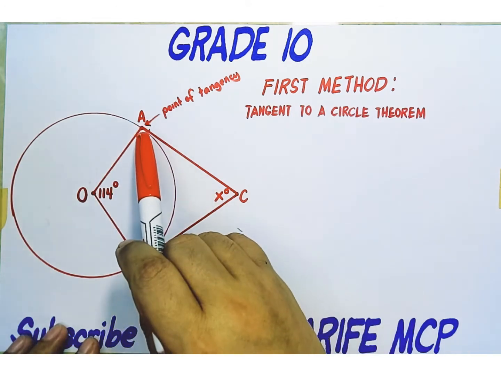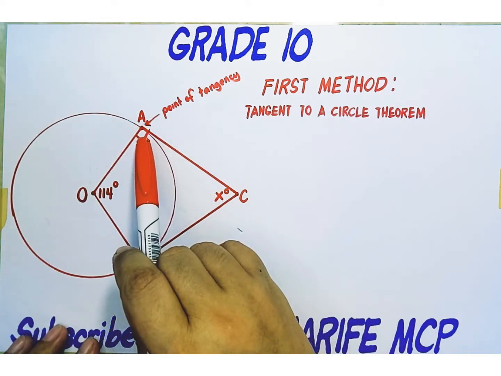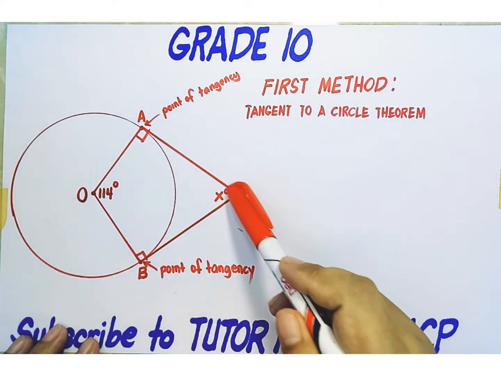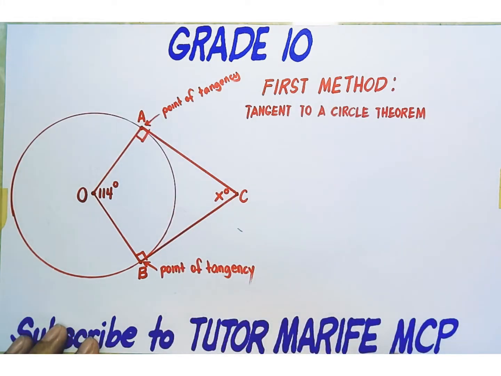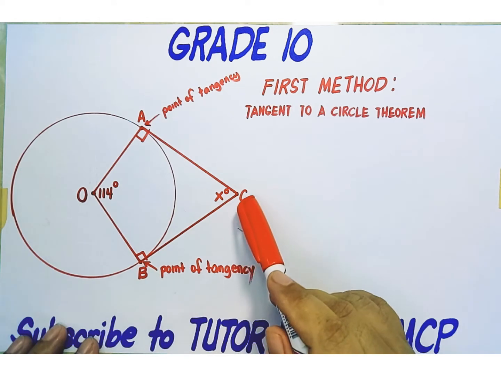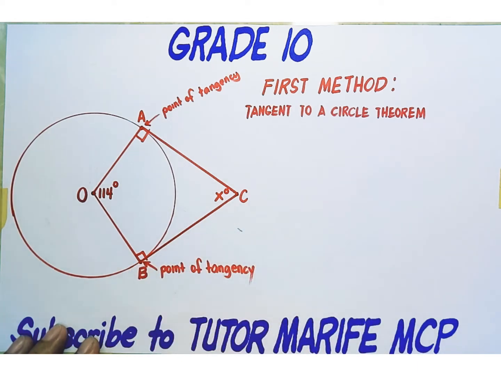Therefore, point A is the point of tangency of circle O and segment AC, while point B is the point of tangency of circle O and segment BC.